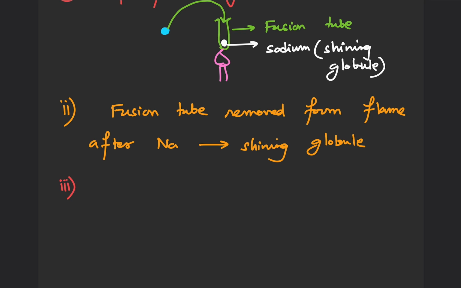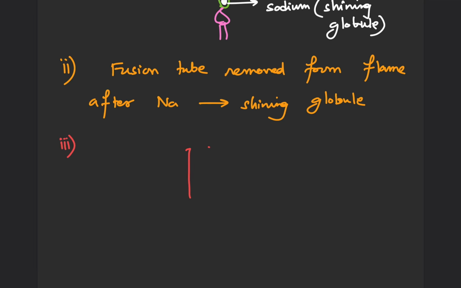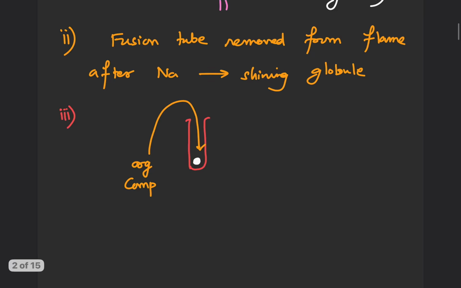Okay, so we remove the fusion tube from the flame, and we have the shining globule of sodium here, and then we add the organic compound. Okay, and the amount is around 50 to 60 milligram, and then we again heat this.